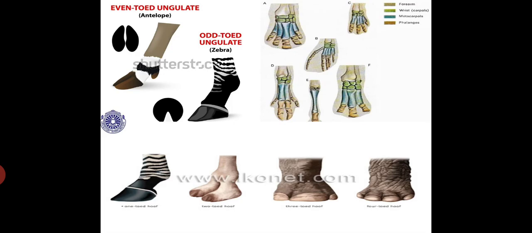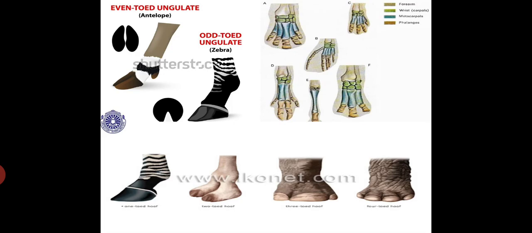And here with reference to the Ungulata continuation, you will see that some ungulates have even numbers of toes, which are called even-toed ungulates, and some will have an odd number of toes, which are said to be odd-toed ungulates. So this is the situation in case of cows and buffaloes, where you can see the even-toed condition, and in case of horses it is odd-toed, and even in zebra.